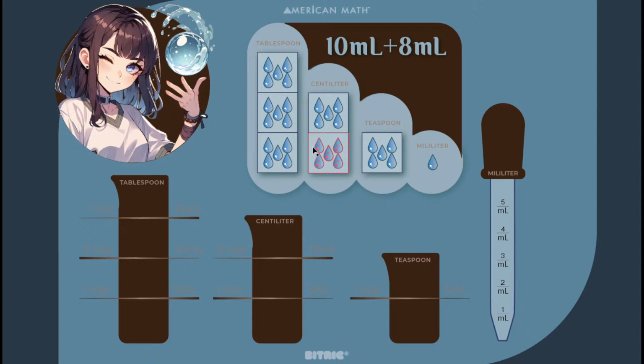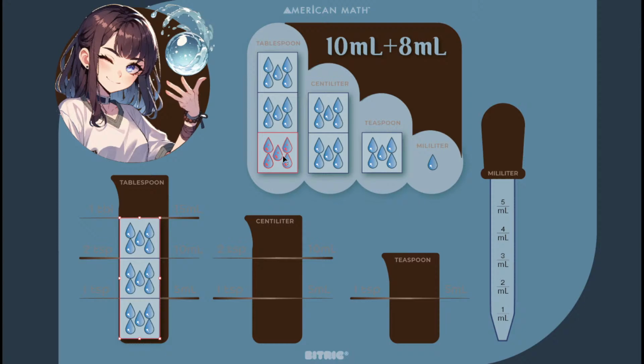All right. Putting them on giving a little challenge here, but it's going to be really simple. So first off, we have 10 milliliters plus 8. Now, simply enough, we know that that's 18. So we know our highest amount is a tablespoon, and that holds 15 milliliters. So what we can do is drag that into the tablespoon column.